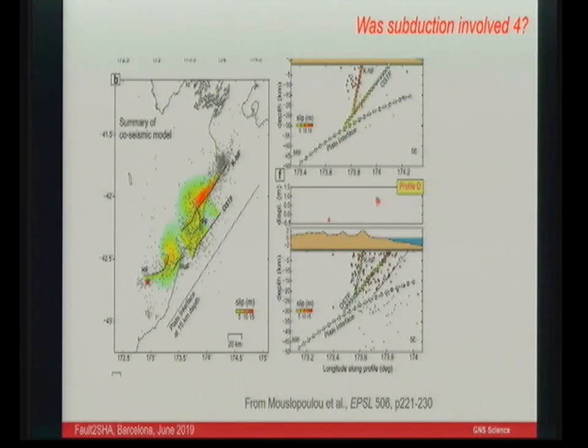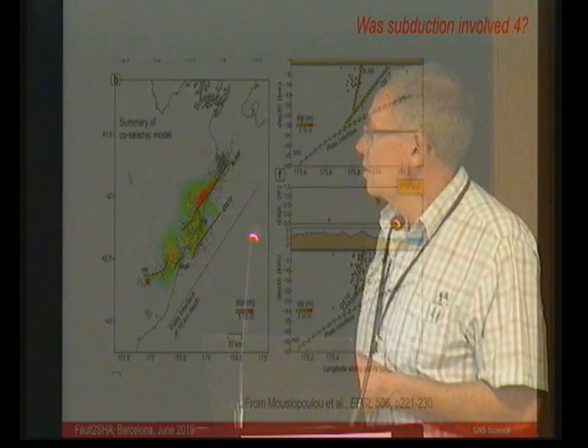What I like about some of the early stuff is that some of the solutions began to question whether it's the interface or some shallow dipping fault that was responsible for the uplift and also some of the convergence that is in the CMT solution. This is from Vaso's work, published 2018, I think.